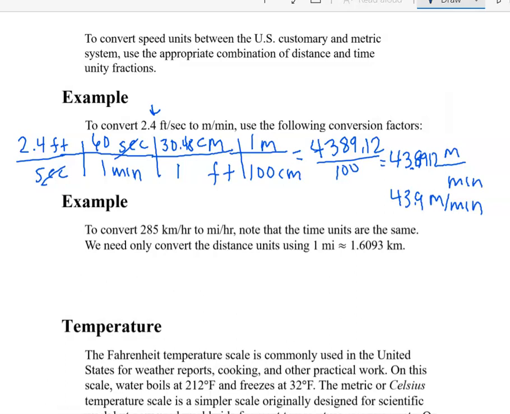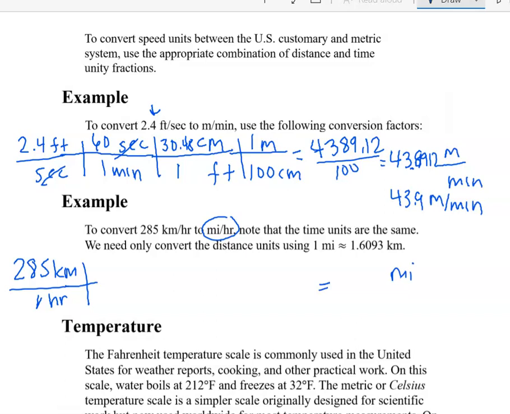To convert 285 kilometers per hour, note that the time units are the same, so we need only to convert the distance. We're trying to go to miles per hour, so I don't have to change the hour part at all because I'm working in hours.